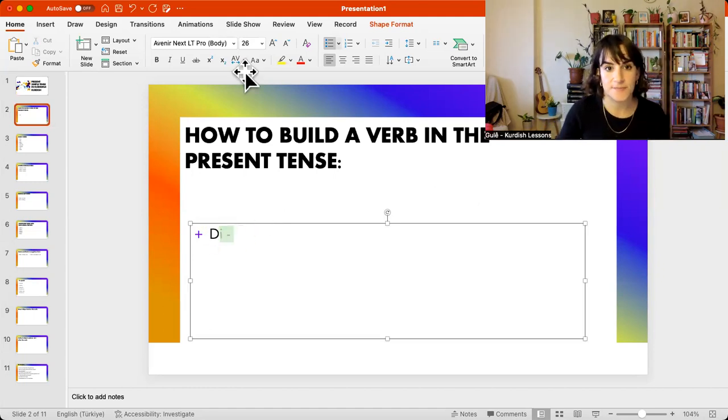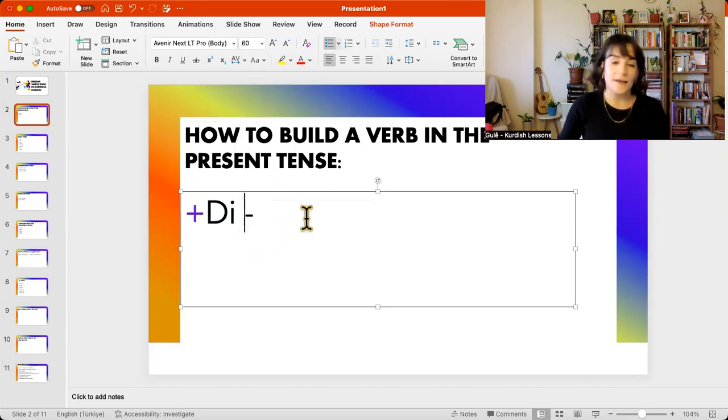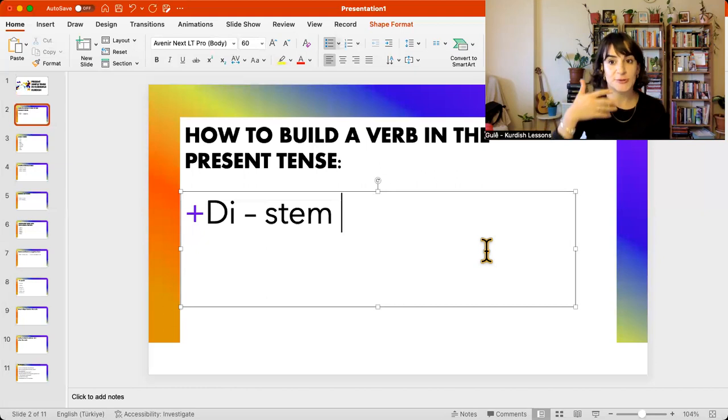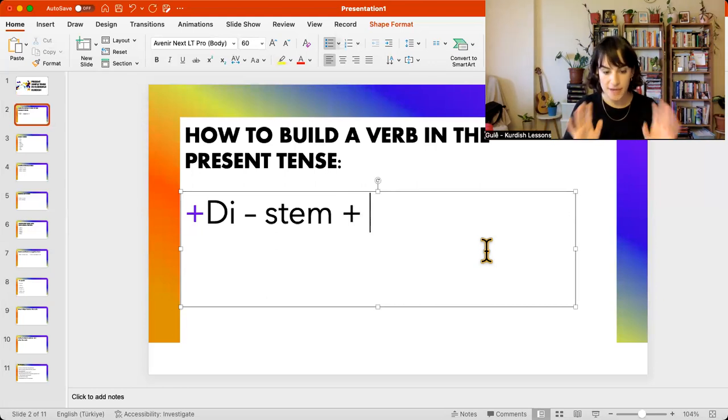It is "di". After "di", you need to have a stem, and I will explain what a stem is in the next part. Each verb has a stem, and we have to know them. So first you have "di", and you know the stem. Let's imagine you memorized all the stems. You are ready to conjugate a verb. So "di", stem, and the last part is personal endings.